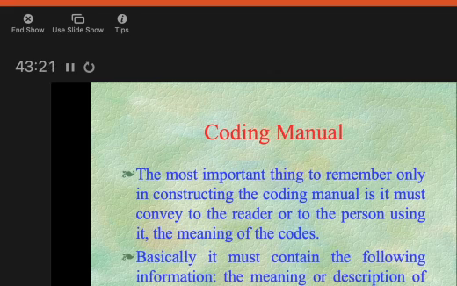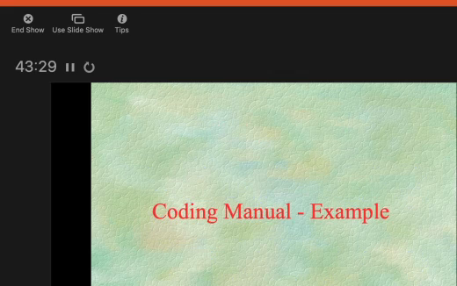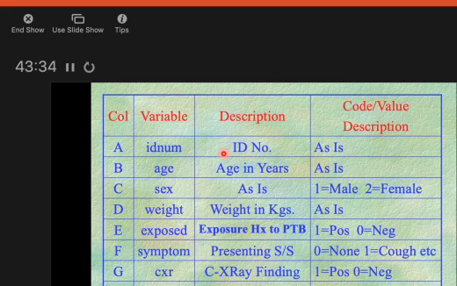Basically, it must contain the following information: the meaning or description of the variable names of the coded cell. So this is an example of a coding manual. This is the variable, the description, the meaning, and then the code. If you are talking of age in years, you put there the actual value.